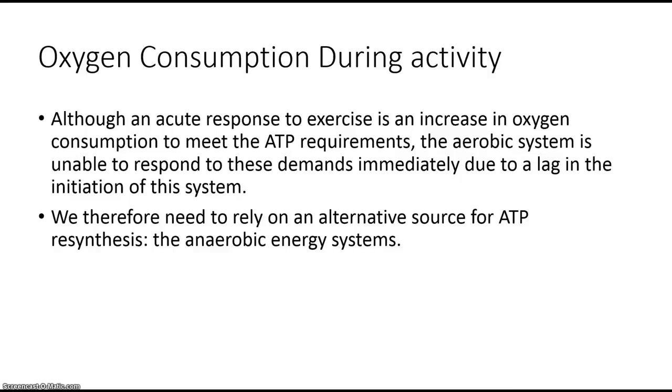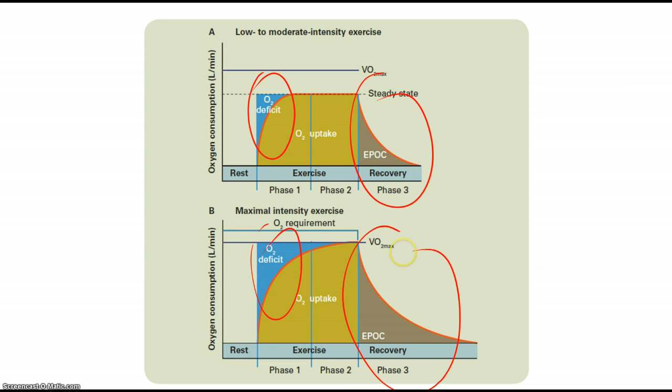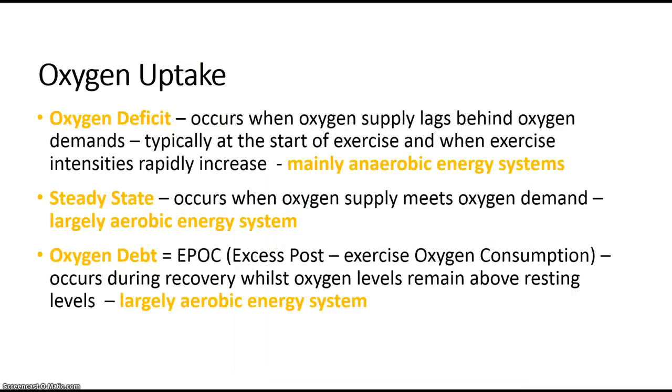So our anaerobic systems come into play, and this is the whole principle behind this oxygen deficit that we're seeing at the start and the EPOC at the end. So at the start, you start running, there's not enough oxygen there, so you use anaerobic systems. At the end, you're going to rely on the removal of those byproducts, which requires oxygen that continues to be pumped around the body at the conclusion of that.